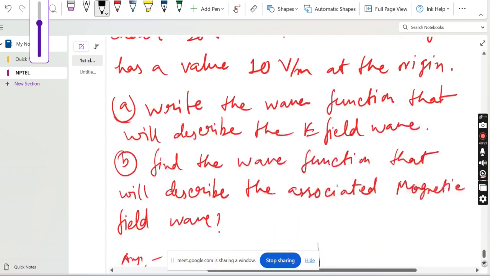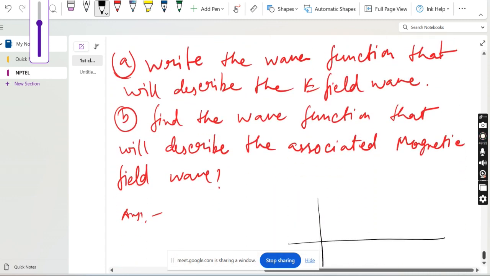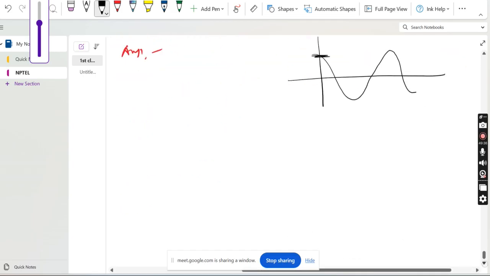Sine always has a value 0 at time t equal to 0, and cos has the maximum value at t equal to 0. So we will need cos function here, not the sine function.